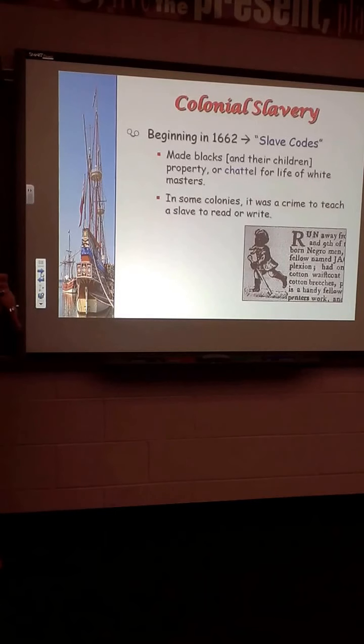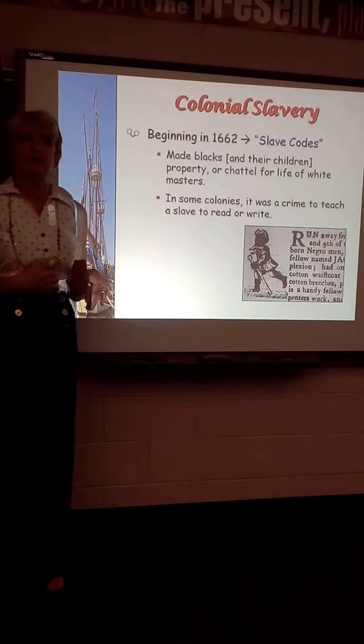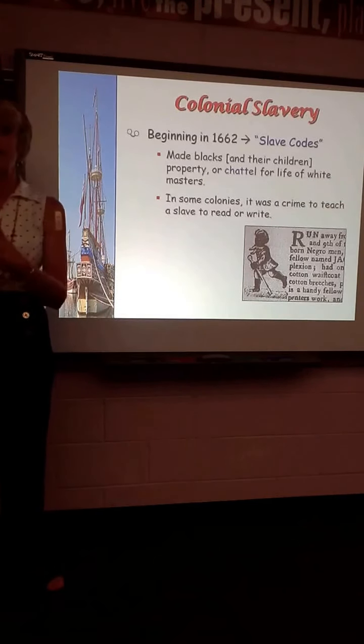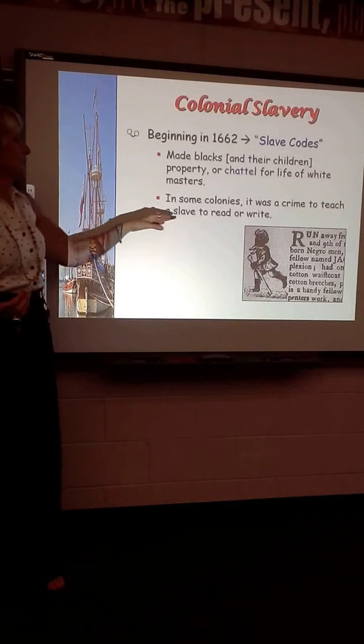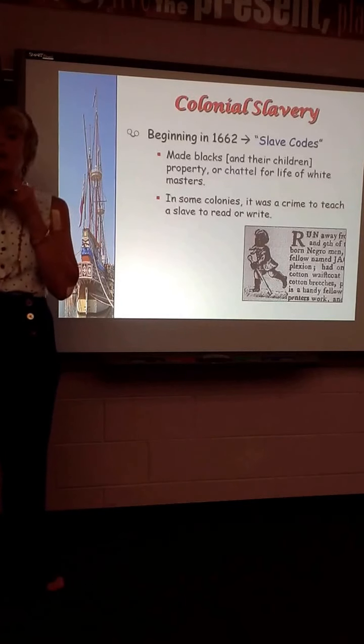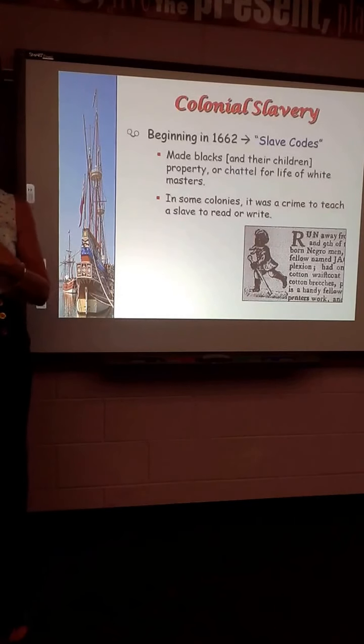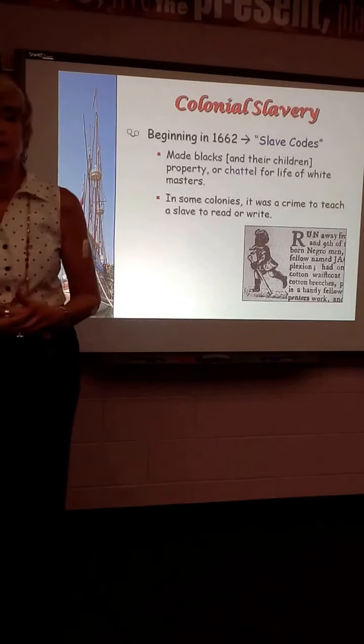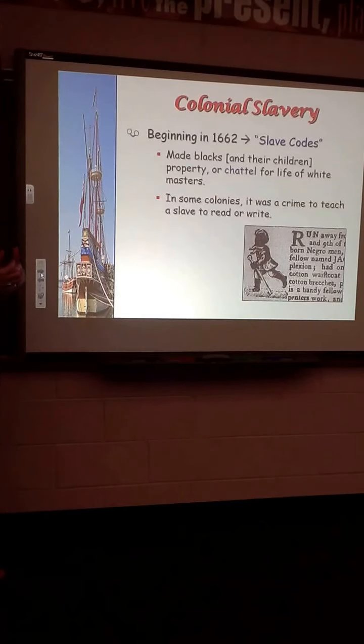In some colonies, to keep the slaves ignorant and dependent, it was a crime to teach a slave to read or write. If you could read or write, you might be able to do a contract, start a business. You might be able to read things and challenge the master. So some colonies, that became illegal.